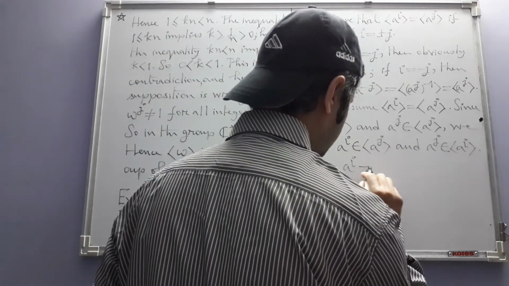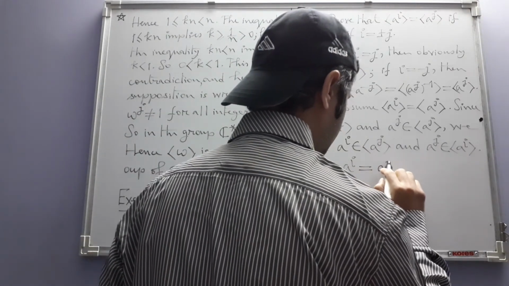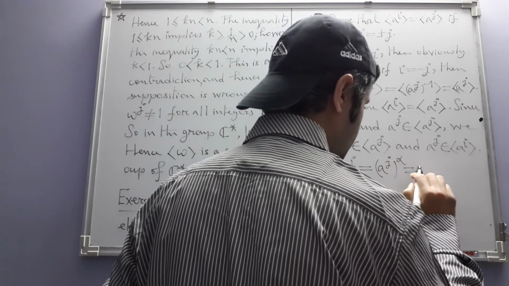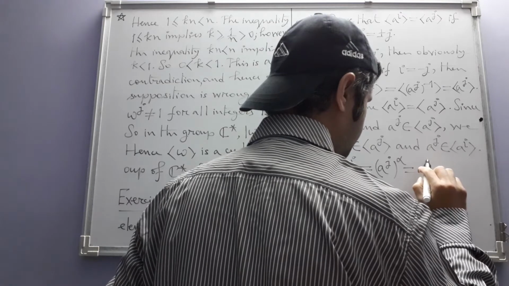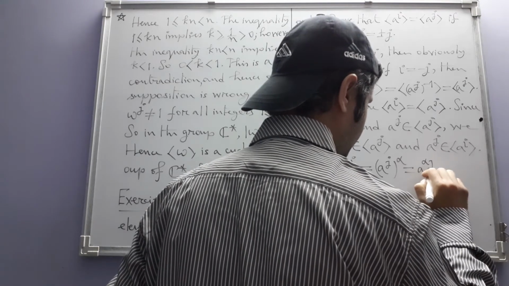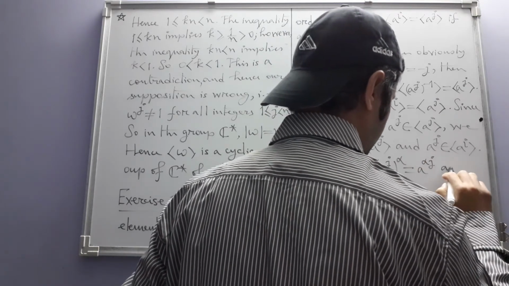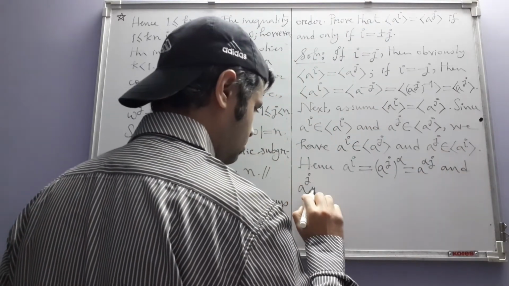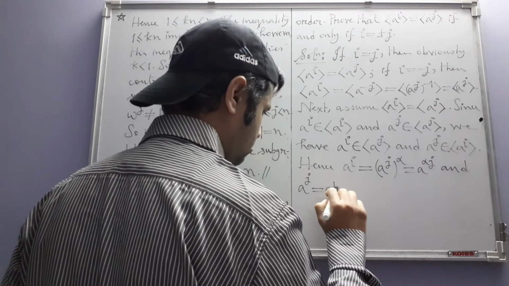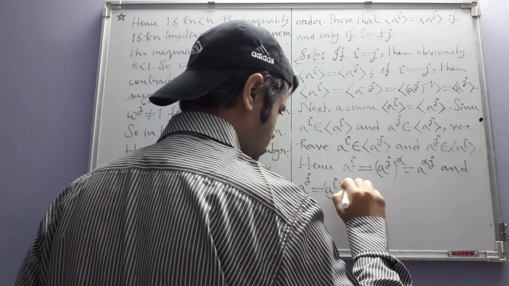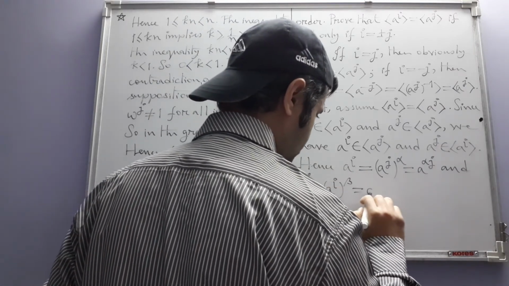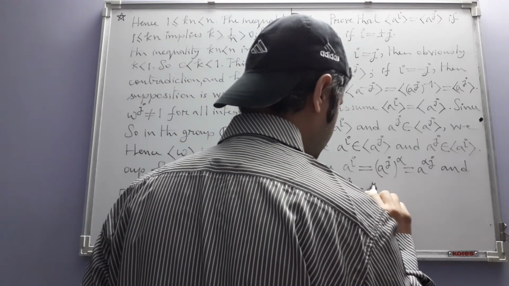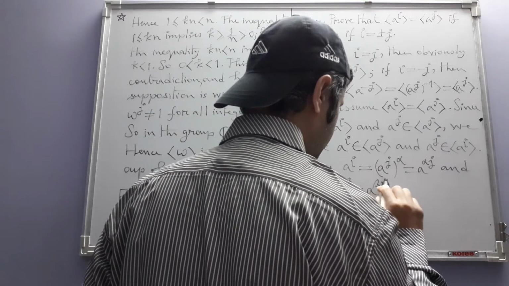So that means this is equal to a to the power alpha j, and a to the power j equals a to the power beta i. We don't know what alpha and beta are, but there will be some integers, alpha and beta.